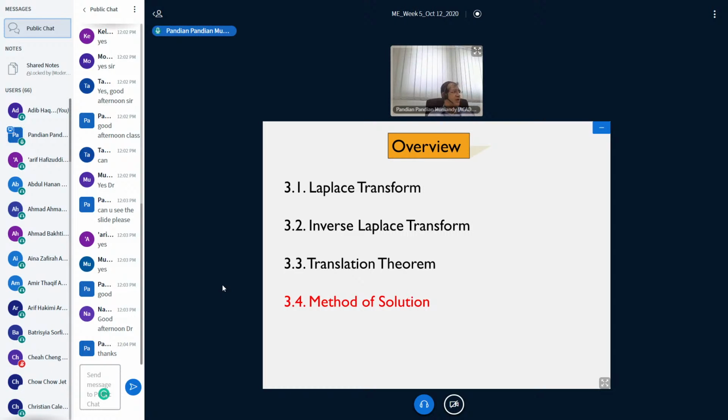The unit step function, or Heaviside function, 3.3, slide number 13. You can check the new uploaded file, chapter 3. We will do that in the next lecture. The unit step function, or we call it Heaviside function, u(t minus a).